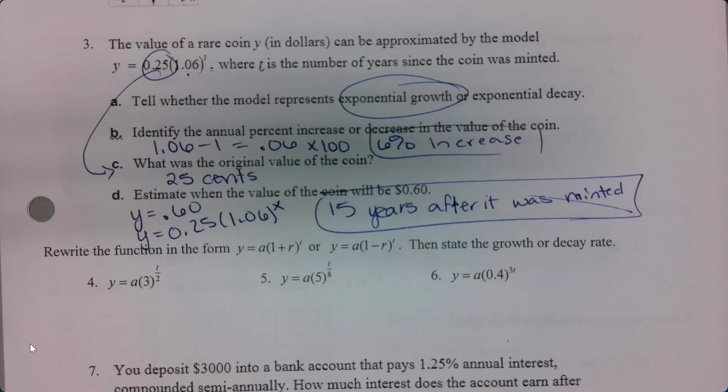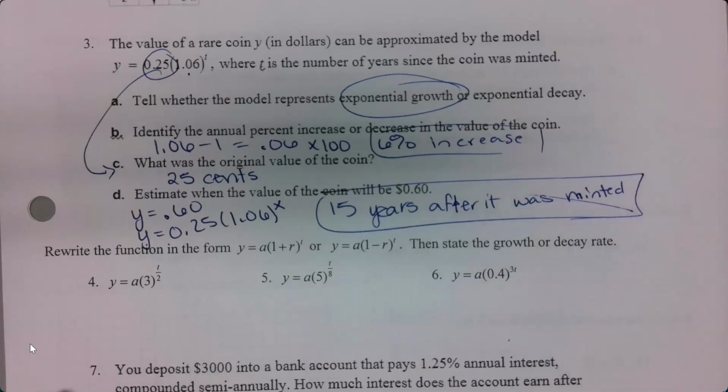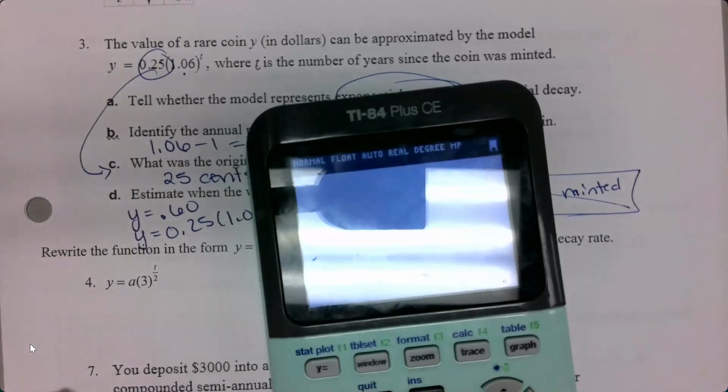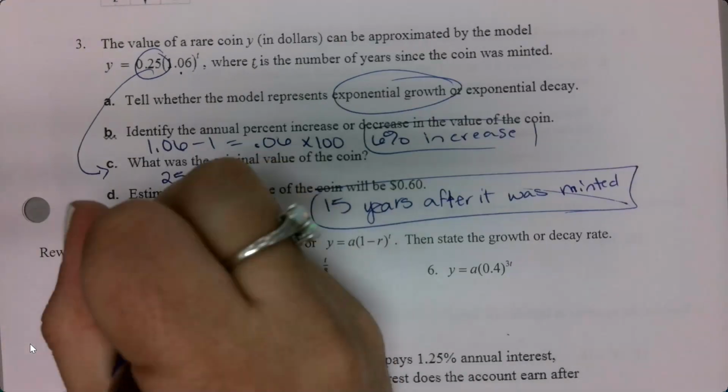Then I want to rewrite these functions in the form y equals a times 1 plus r to the t power, or y equals a times 1 minus r to the t power, and then state the growth or decay rate. So for these ones, I can rewrite this.